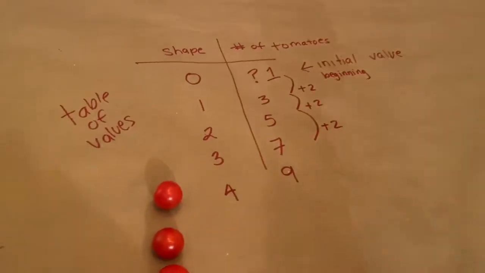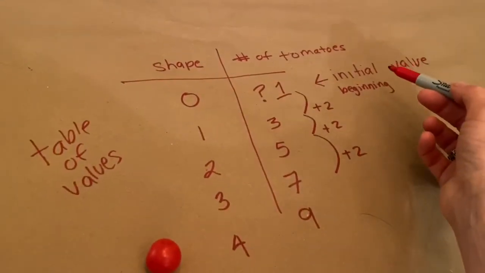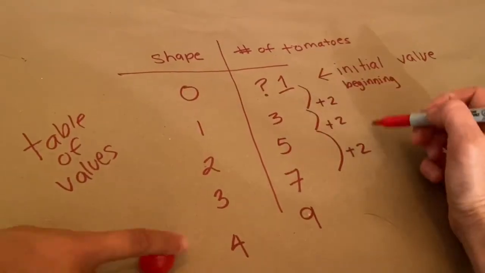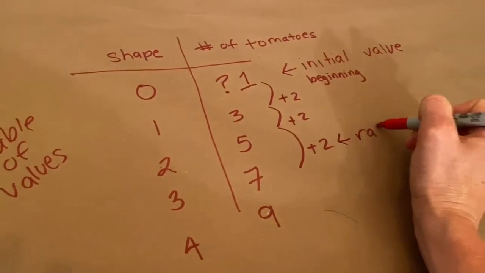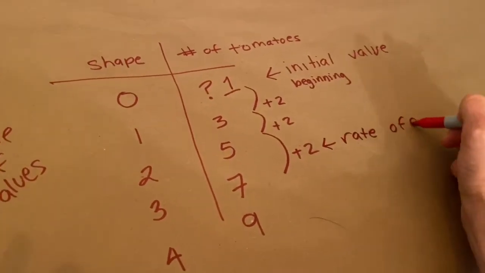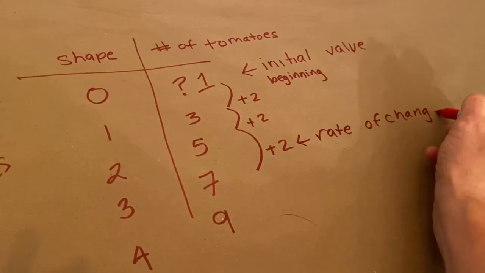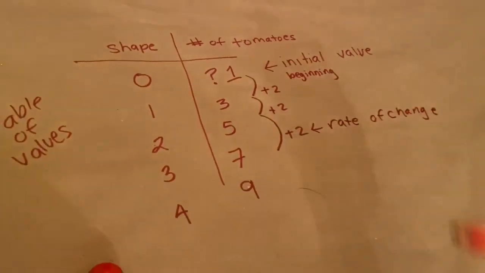So there's a great table of values. We know the initial value, the beginning number, is 1. We know the rate of change is 2, because it keeps jumping by 2.